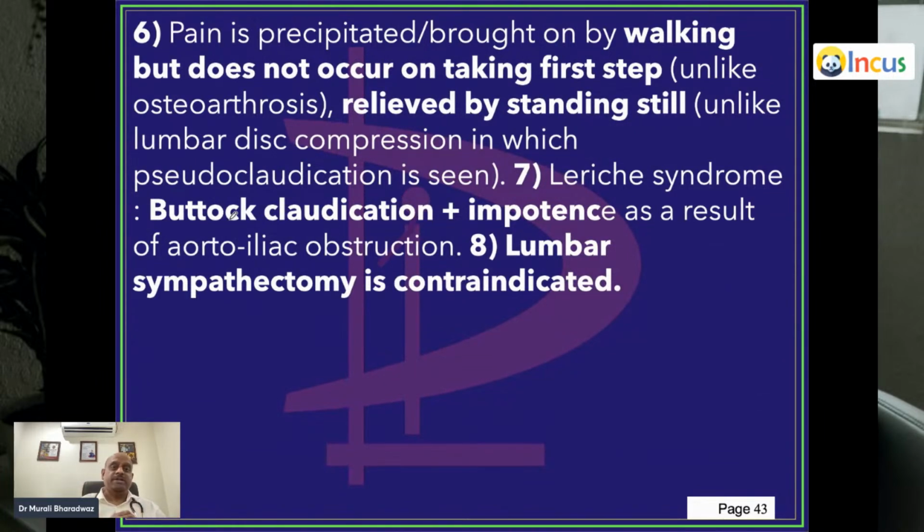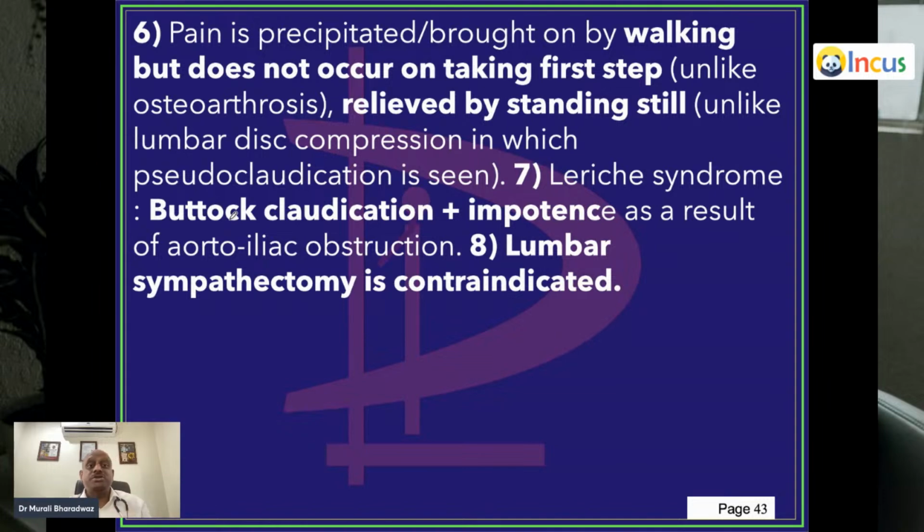how do you differentiate lumbar disc compression, where there is a compression on the nerve leading to neurogenic claudication, versus osteoarthritis? So, whenever the pain is precipitated by walking but does not occur on taking the first step, then that is how you identify vascular claudication.